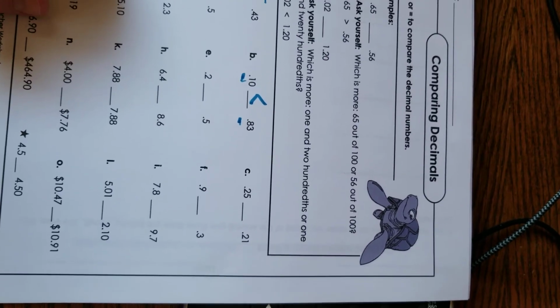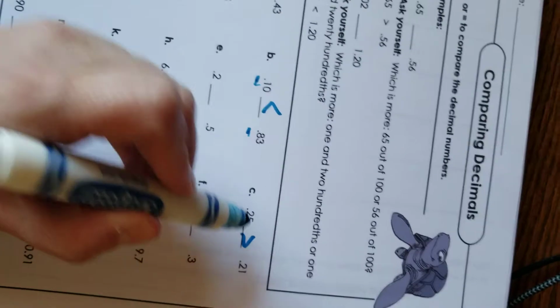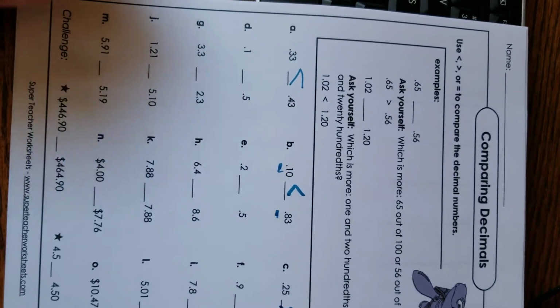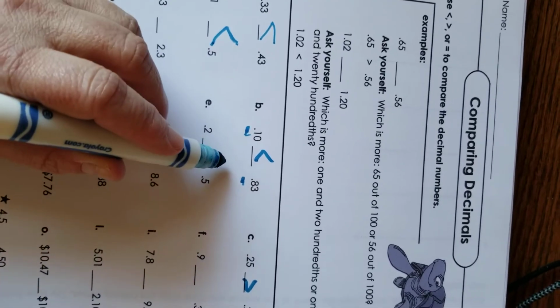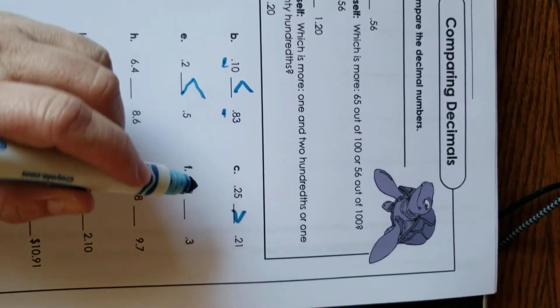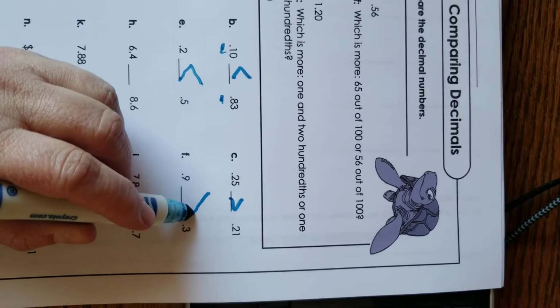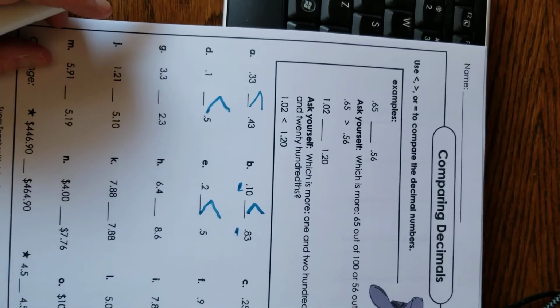What's the greater number, 25 or 21? 25 is greater. 5 is greater. 9 is greater than 3.